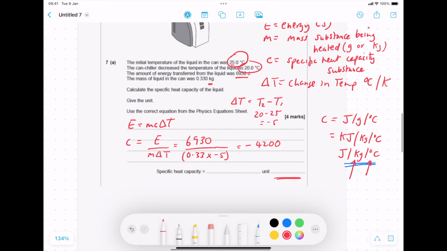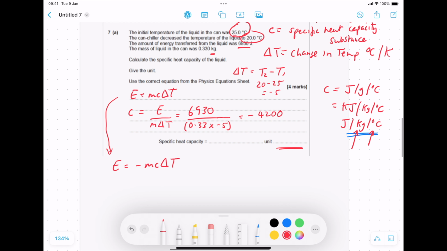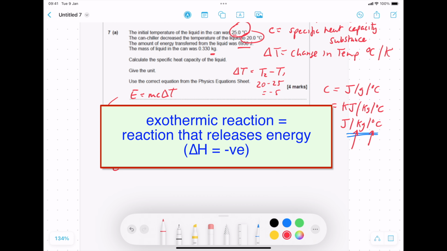Now I need to say at this point, the heat capacity is always quoted as a positive number. So why does this come out as negative? Well, the reason is often this formula is sometimes quoted in data sheets with a minus sign already there. So minus mc delta T. The reason for that is because if a reaction is exothermic, the temperature will increase.